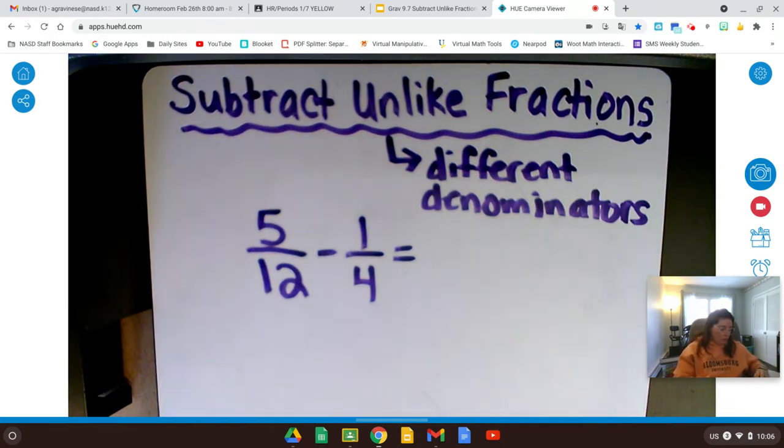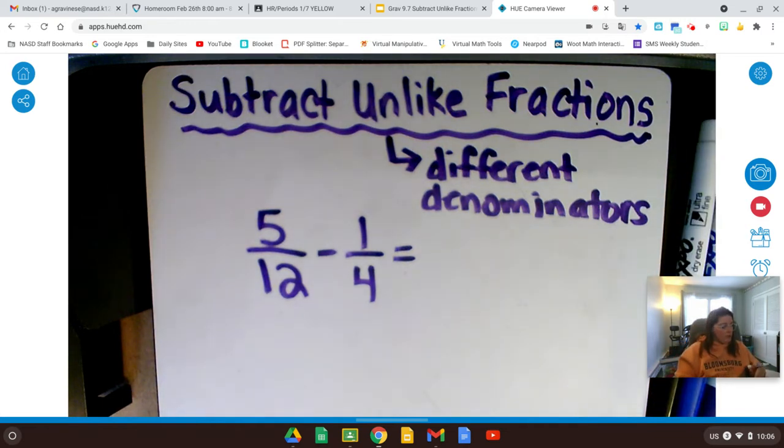Okay, so that's just a real world application for that. So we are going to follow the exact same 5 steps that we followed when we did this with addition. So like I said, it's the same thing, just going to end up subtracting in the end.